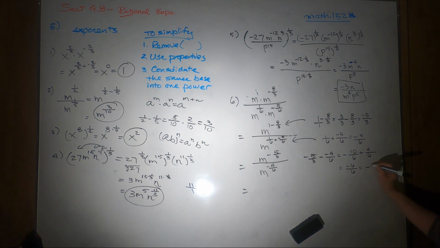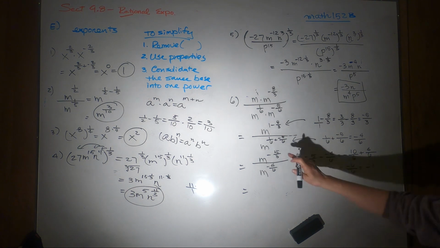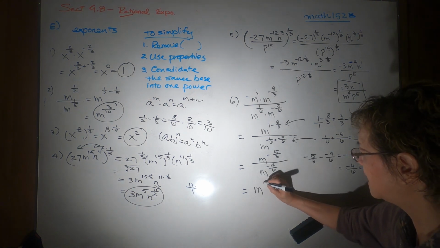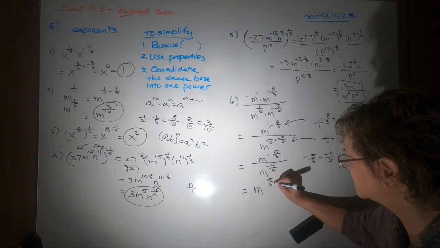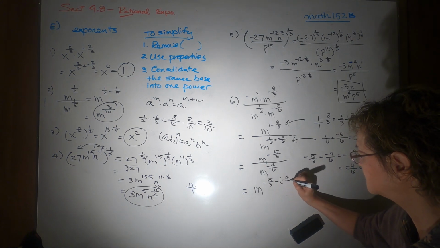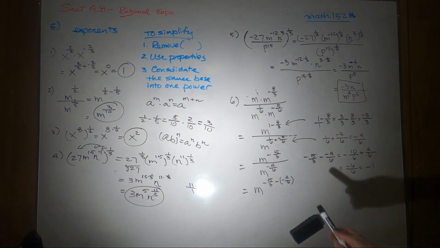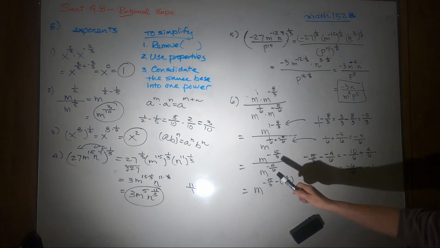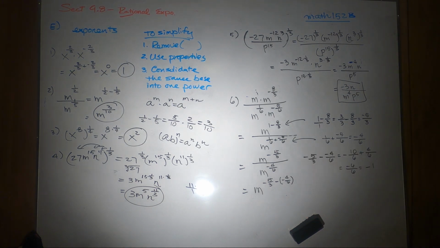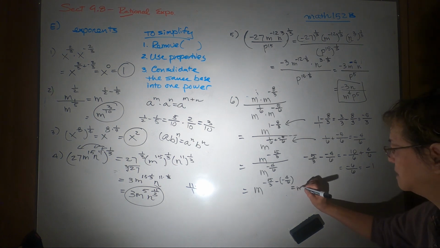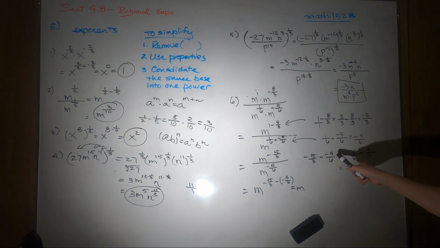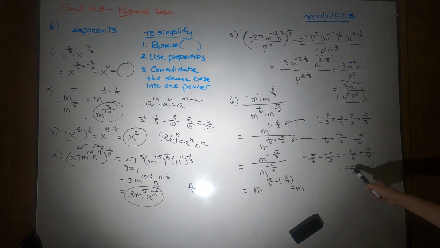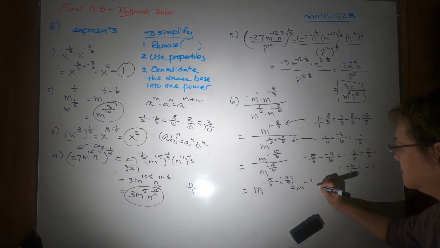That would be negative 1. So you write m to the negative 5/3 minus negative 4/6, quotient property: the top minus the bottom for the powers. That would be negative 1.